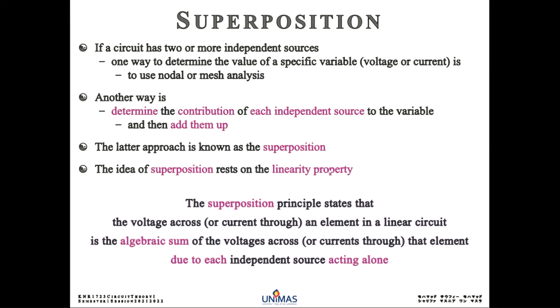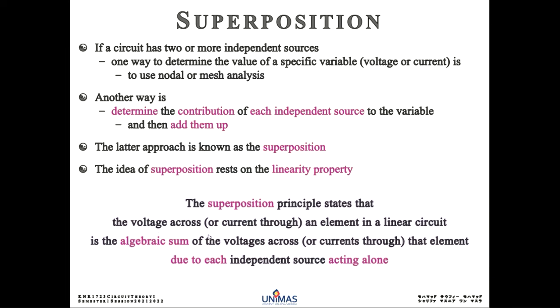So basically, the superposition says that if you have a circuit with many sources, the particular voltage or current through an element in the linear circuit will be equal to the sum of the voltage or current through it by considering one source at a time.